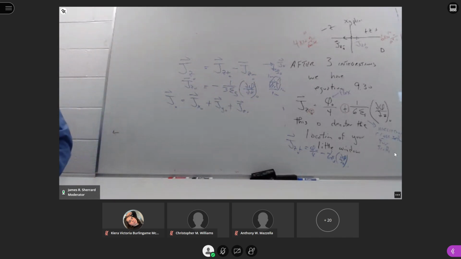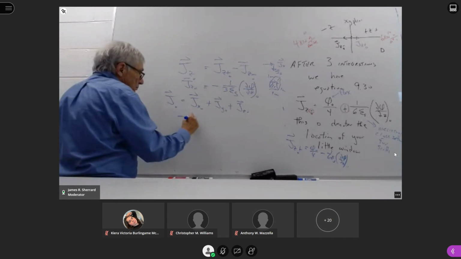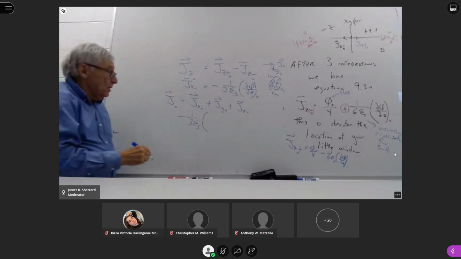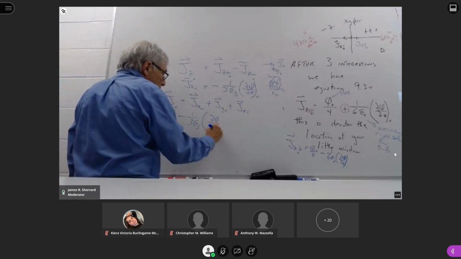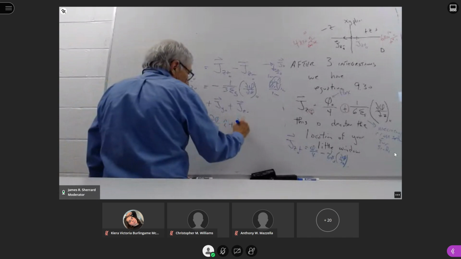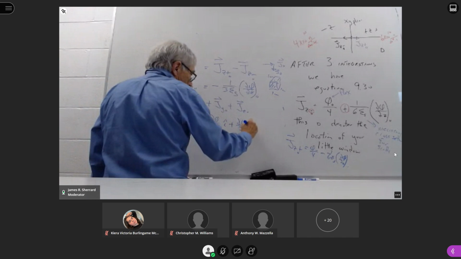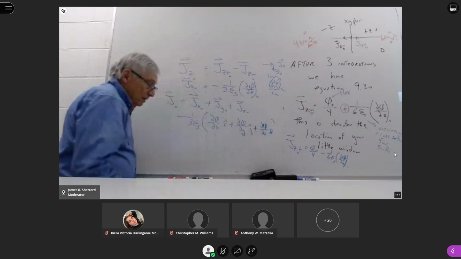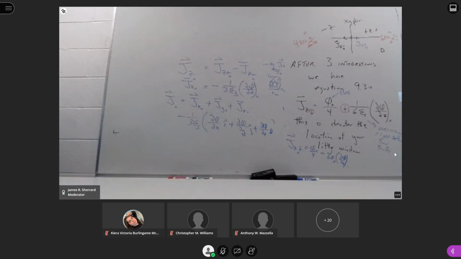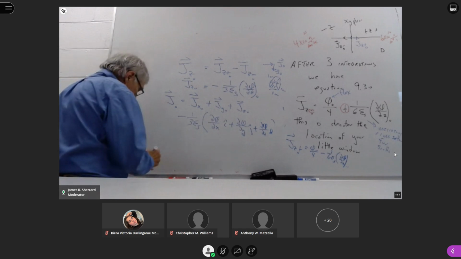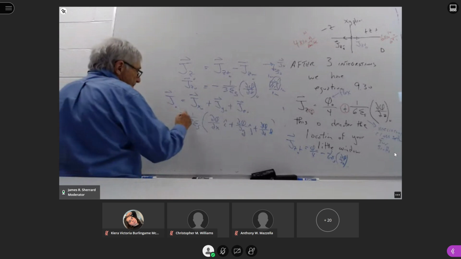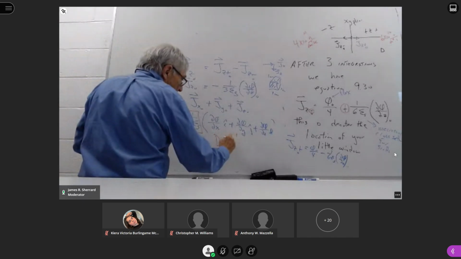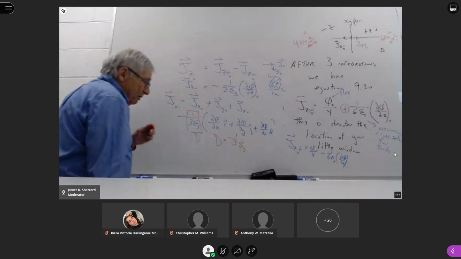If we combine all of those together, your book then defines this term as D. So D is equal to 1/3 macroscopic cross-section for scattering.